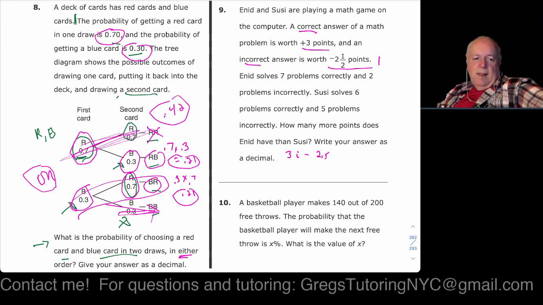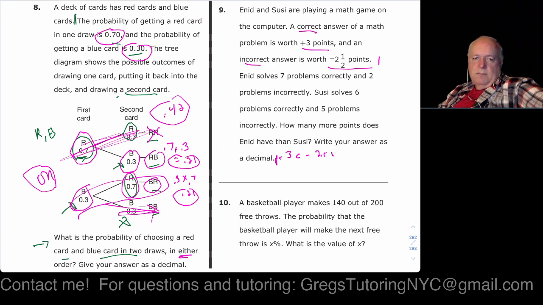Wait, give me a second here. I wrote incorrect there. That was correct. So you're going to get 3 points for correct minus 2.5 of an incorrect. Okay, and that's how we're going to figure out how many points they have. So we can just say something like the number of points equals 3 times the number of correct minus 2.5 times the number of incorrect.